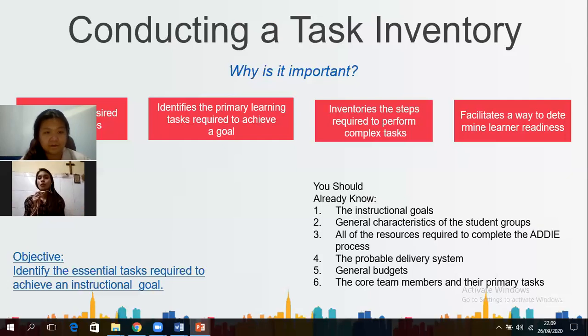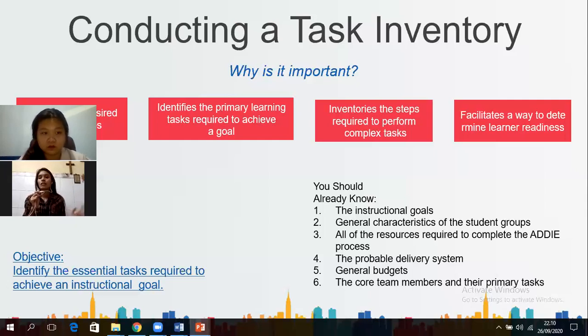And the third one, it inventories the steps required to perform complex tasks. And it also facilitates a way to determine learner readiness. So it is one of the ways to see whether the learners are ready for the next level.